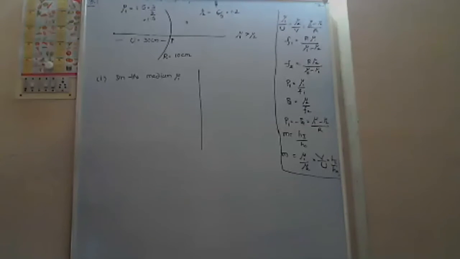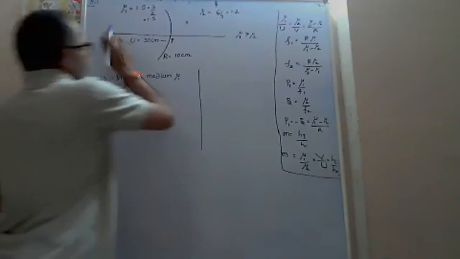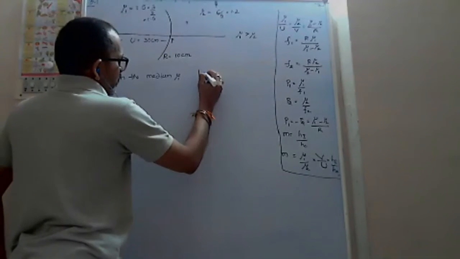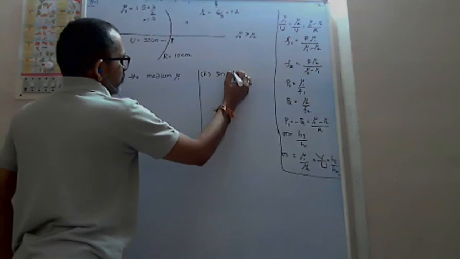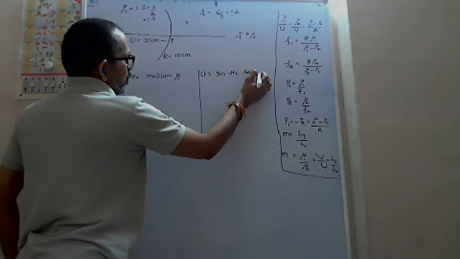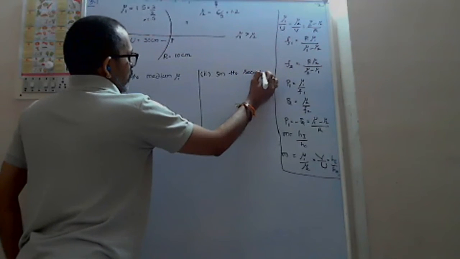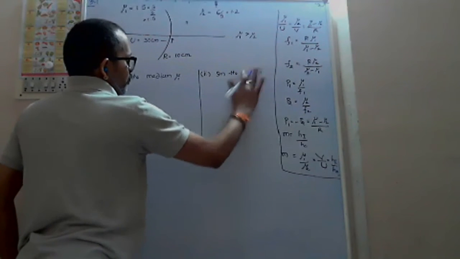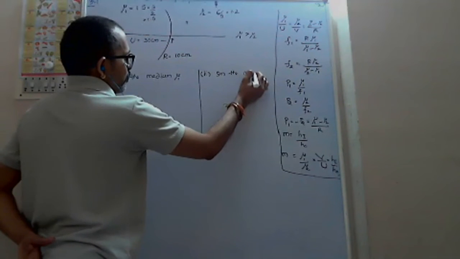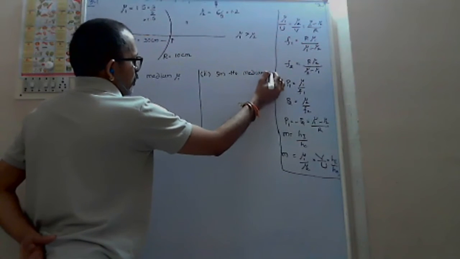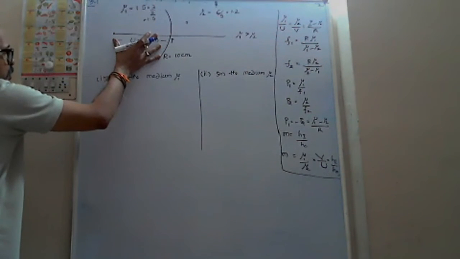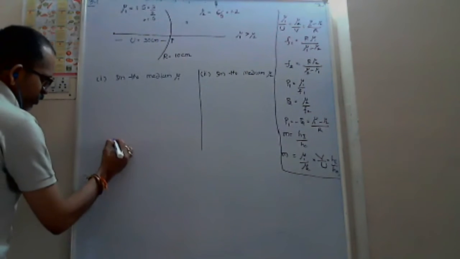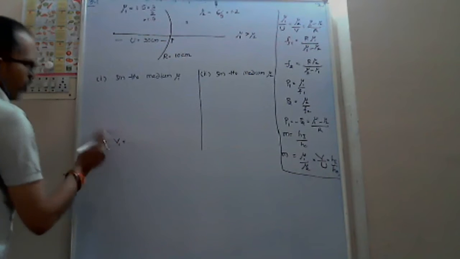And then the second time, the same object I take here in the second medium, mu2. So if I take the object in the medium mu1, I will get some distance of image from the pole.